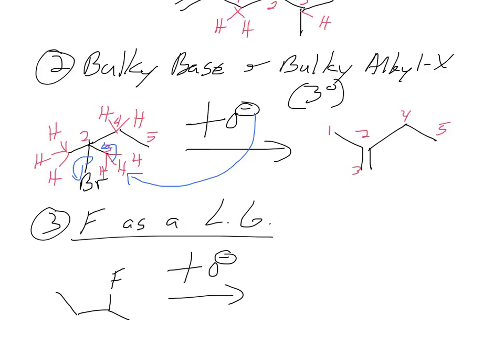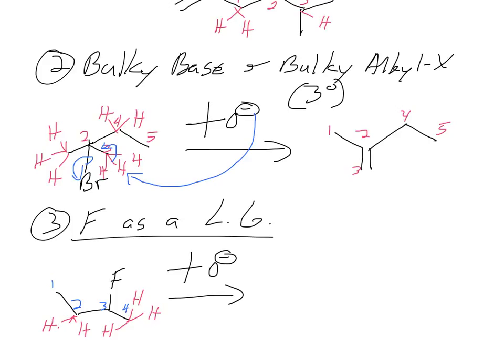Draw on the beta hydrogens. Number our carbons, 1, 2, 3, 4. Where should we take the H from? 2 or 4? We're going to take it from 4.